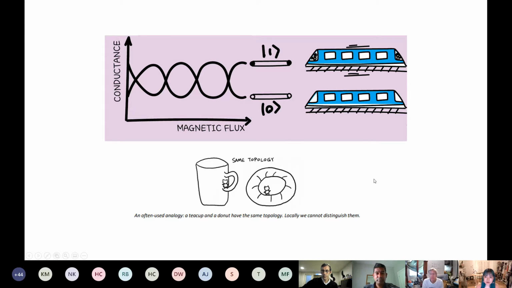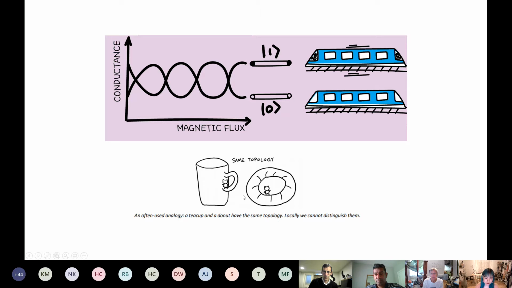You really have to go into the math and look at their energy band structure to understand what's going on inside your actual material. But we often also hear an analogy like this: if you have two items, a teacup and a donut, at a very local level, you wouldn't be able to tell them apart, because they have the same topology.